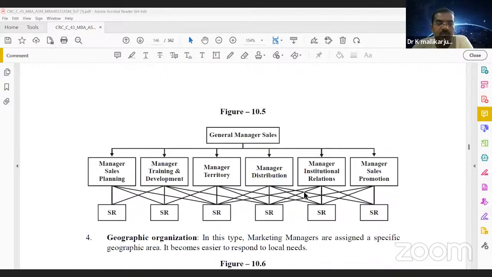Functional organizations are based on the functions: general manager, sales manager, manager sales planning, manager training and development, manager territories, manager distribution, manager internal relations, manager sales promotion. So basically they are based on these functions.